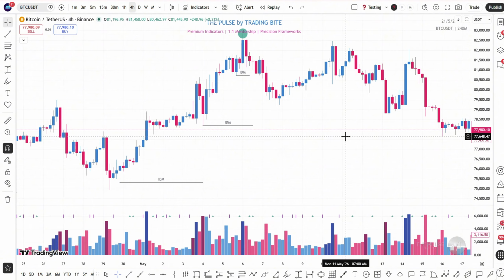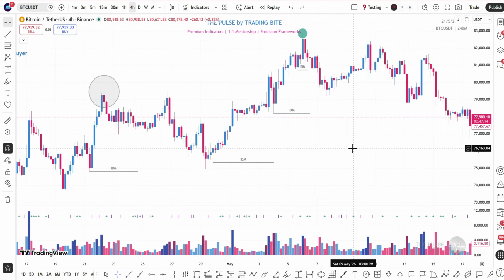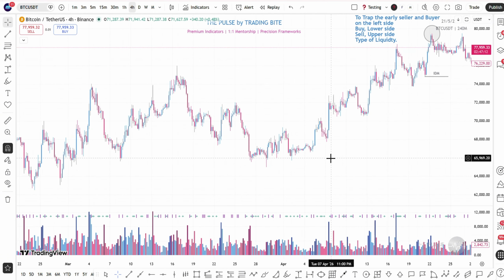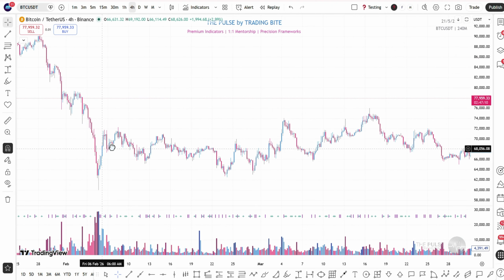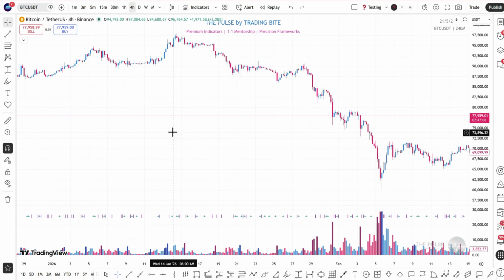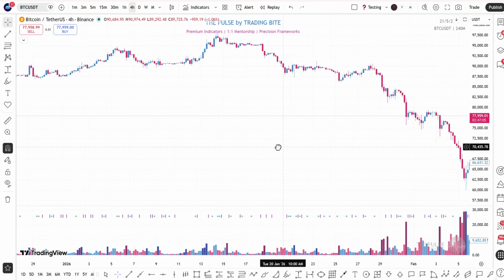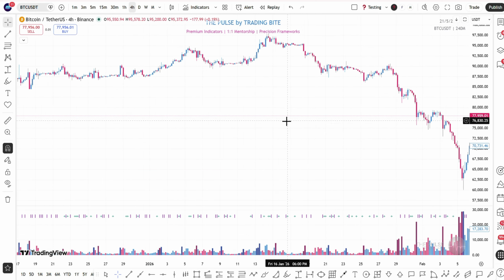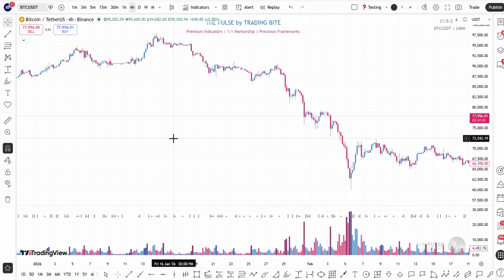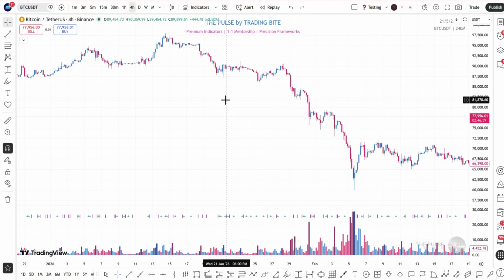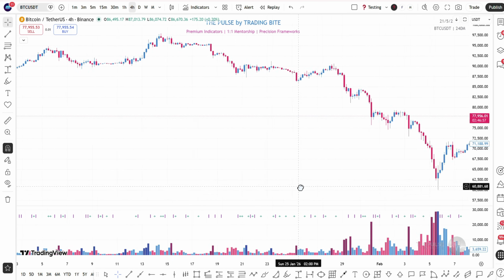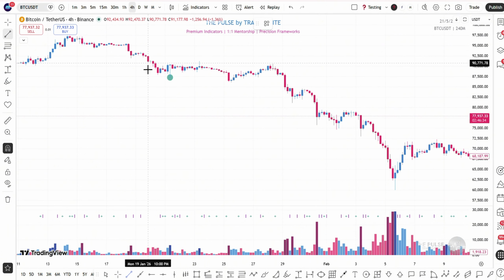Let's find a sell example here. Let's go back here. Here you go. Now we can see the market is downward. Let's say this is our lowest point. This is not valid.